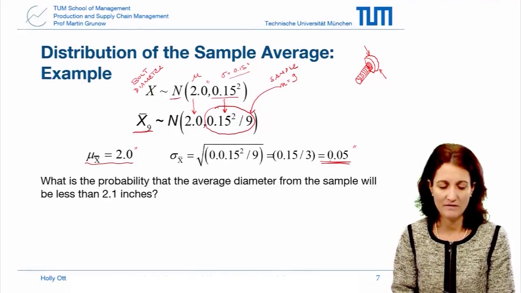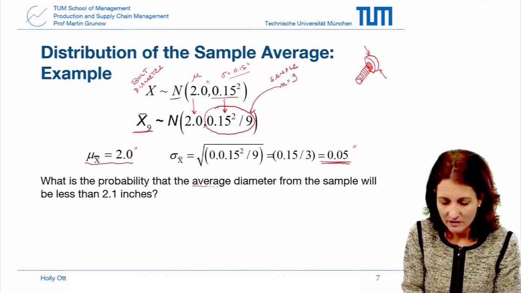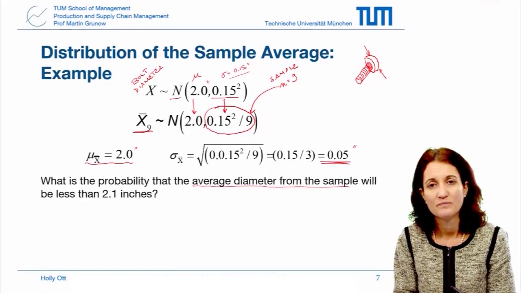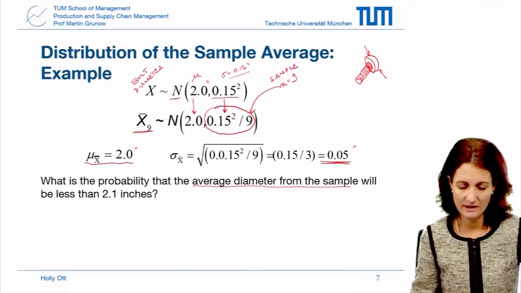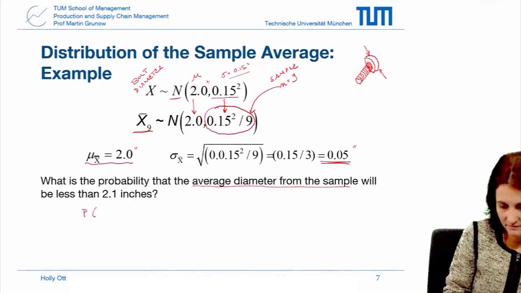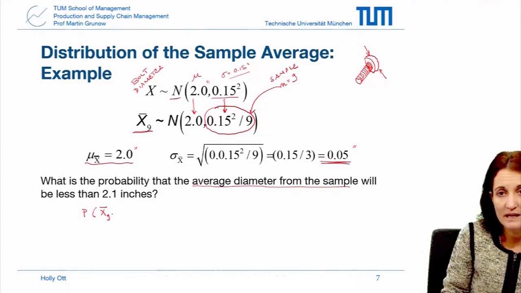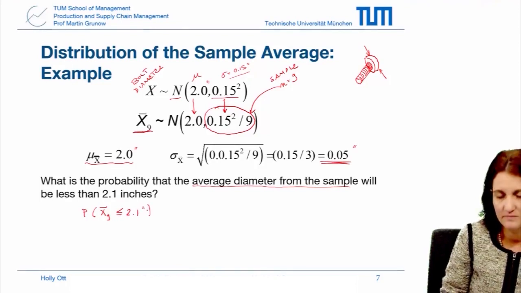So now the question was, we've taken our samples and can calculate the sample average, what is the probability that the average diameter of the sample will be less than 2.1 inches? Now that we know how to do. We can use our knowledge of the normal distribution to solve this. Now let's write this out. We're interested in the probability that our sample average from a sample of size 9 is less than or equal to 2.1 inches.